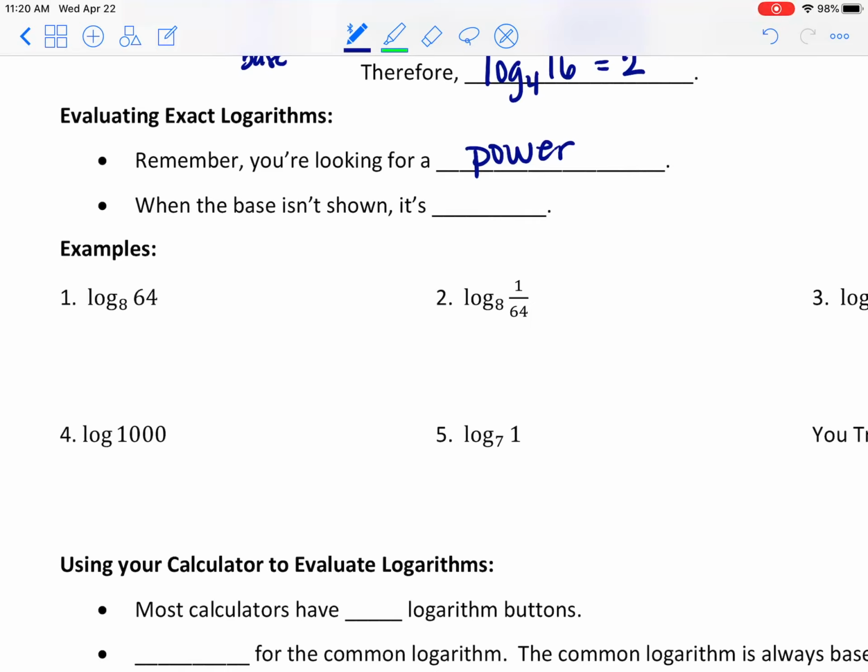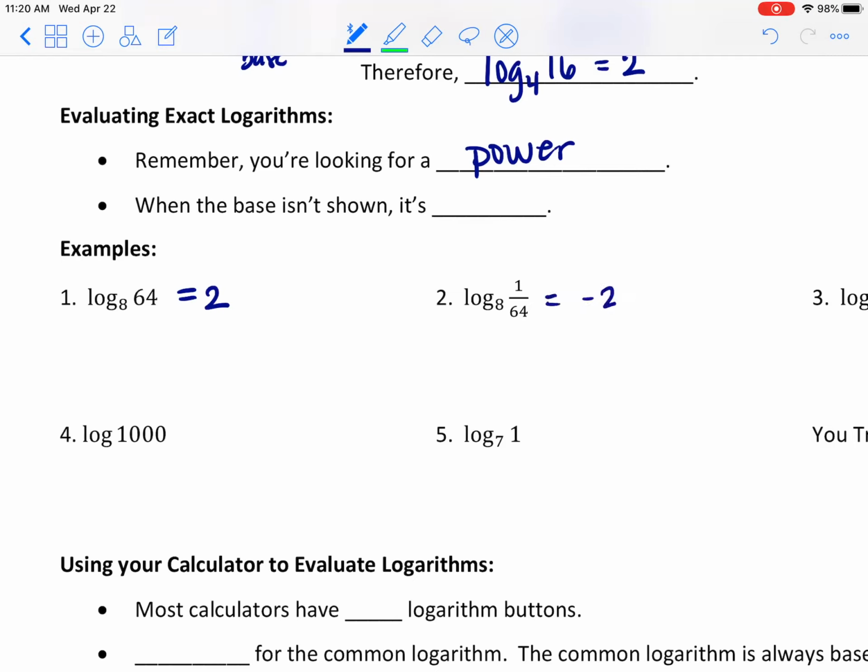And it's that simple. Okay, let's look at a few others just so you can try to wrap your brain around this. Remember, you are looking for a power. Log base 8 of 64 is asking, 8 to what power makes 64? Well, that's 2. So this is equal to 2. If 8 to the power of 2 makes 64, 8 to what power would make 1 over 64?